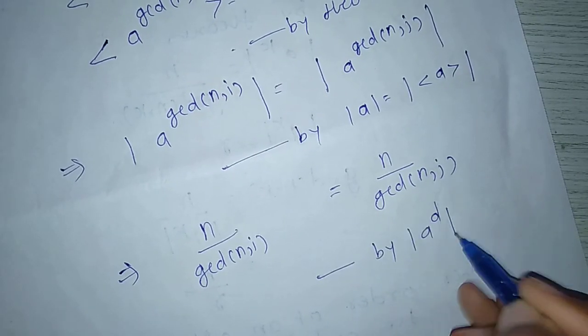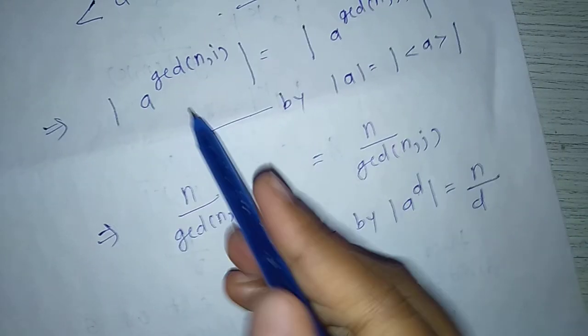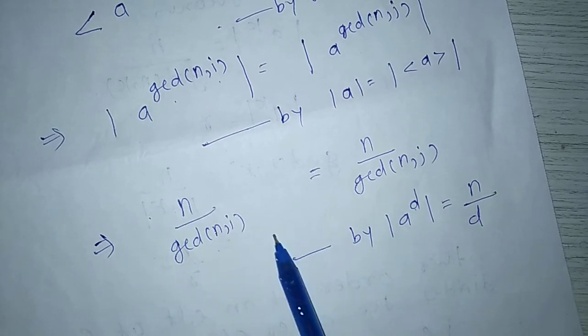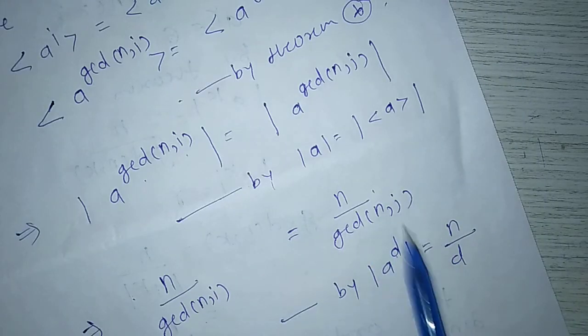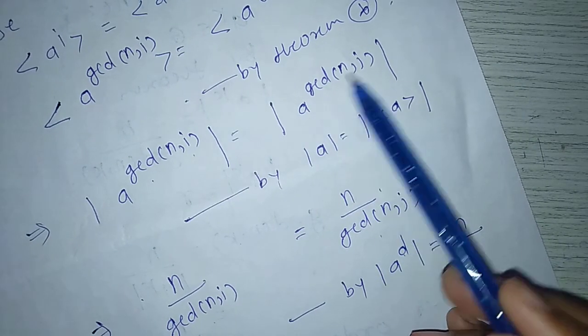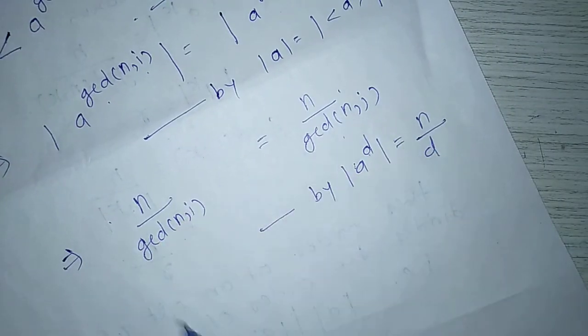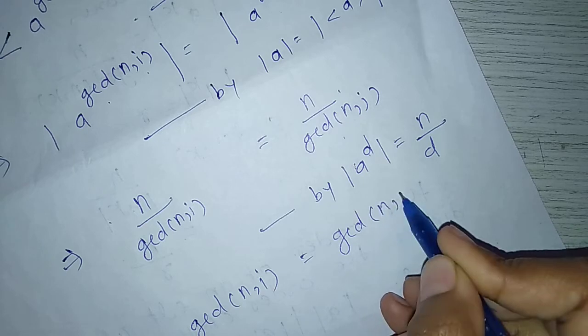Here d is GCD of ni, so we get n upon GCD of ni equal to n upon GCD of nj. For this, d is nothing but the GCD of nj. These two being equal means GCD of ni equals GCD of nj.